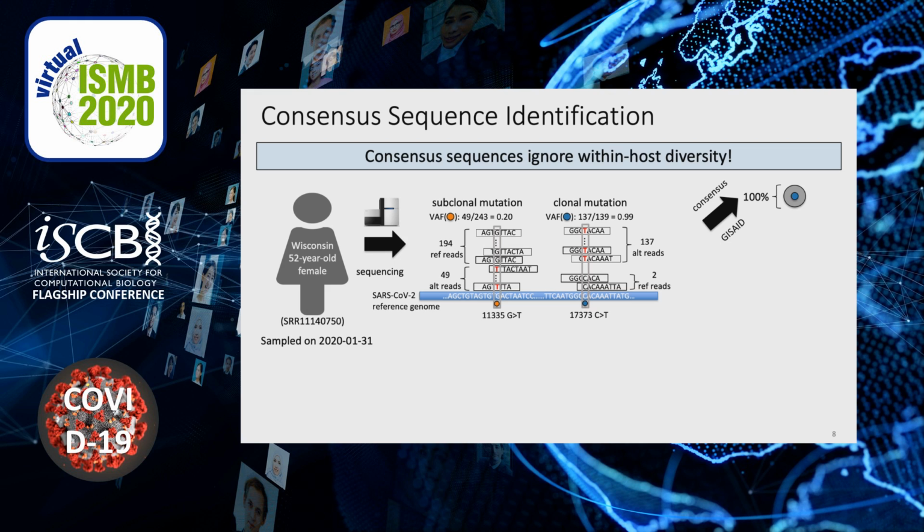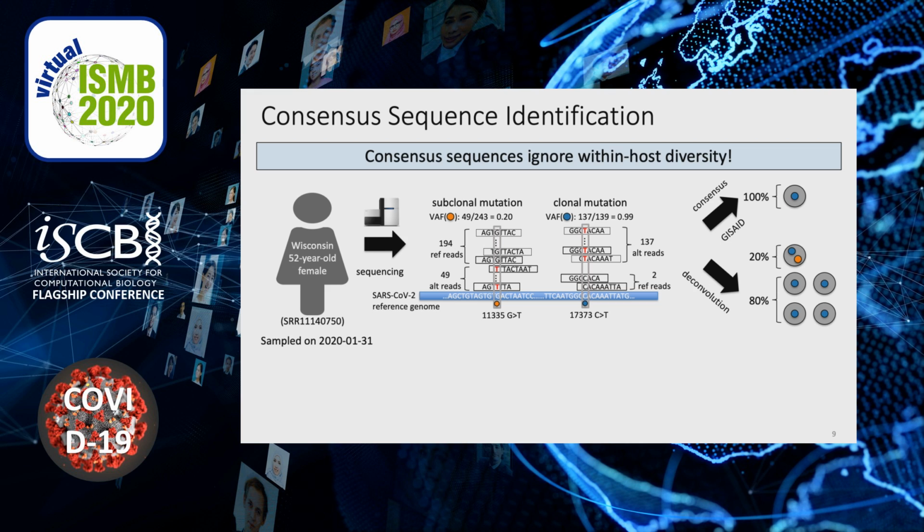Now, many studies generate a consensus sequence for the samples where they would only consider mutations with VAF of more than 0.5, thereby ignoring most of the within host diversity. And these ignored strains can have implications in the disease outcome, and their identification can also lead to more accurate contact tracing.